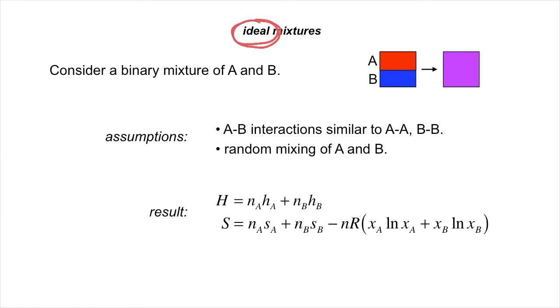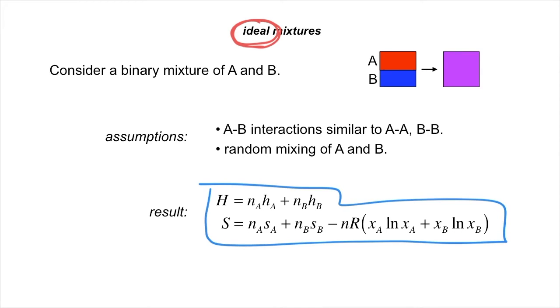Note that the meaning of ideal in this context is quite different than for an ideal gas, where ideal means no molecular interactions. Here, ideal means the ability to linearly superpose the enthalpy and entropy contributions of the pure species, even when the interactions are quite strong, as they are in a liquid.